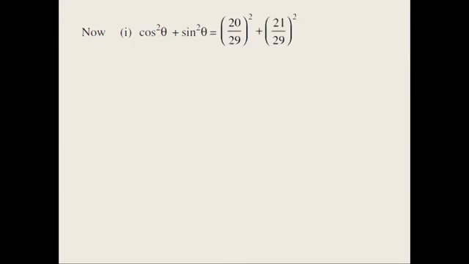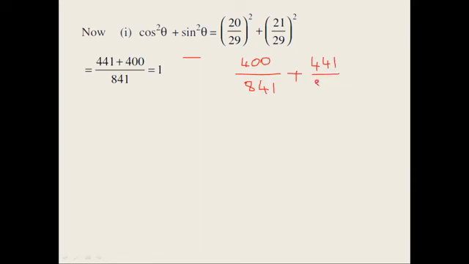Cos square theta plus sin square theta is equal to 20 by 29 whole square plus 21 by 29 whole square. 20 square is equal to 400, by 29 whole square is equal to 841, plus 21 square is equal to 441, by 29 whole square is equal to 841.